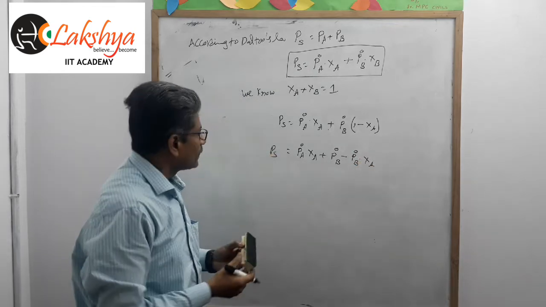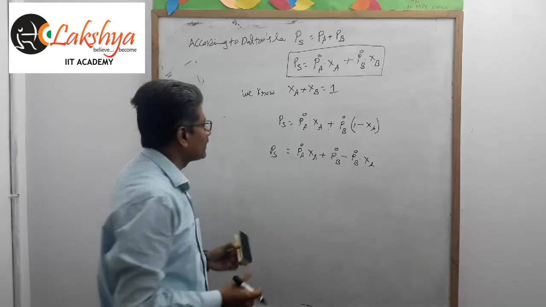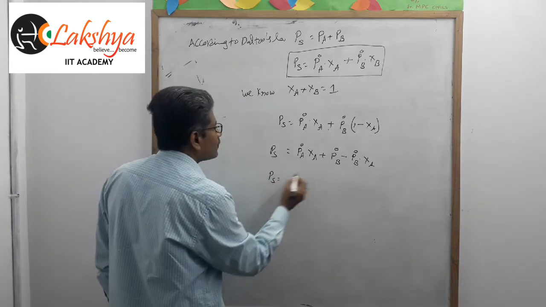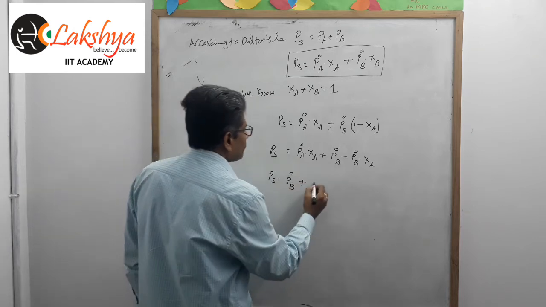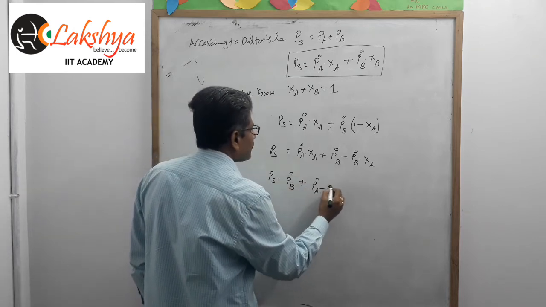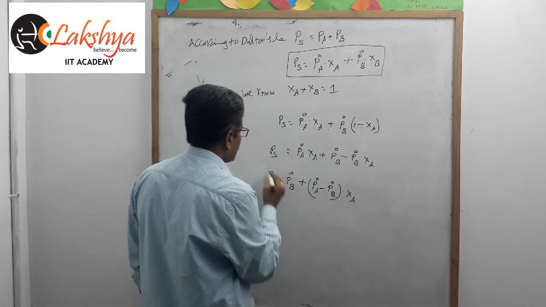In these two terms, XA is the common factor. Therefore, PS is equal to P naught B plus P naught A minus P naught B, into XA.